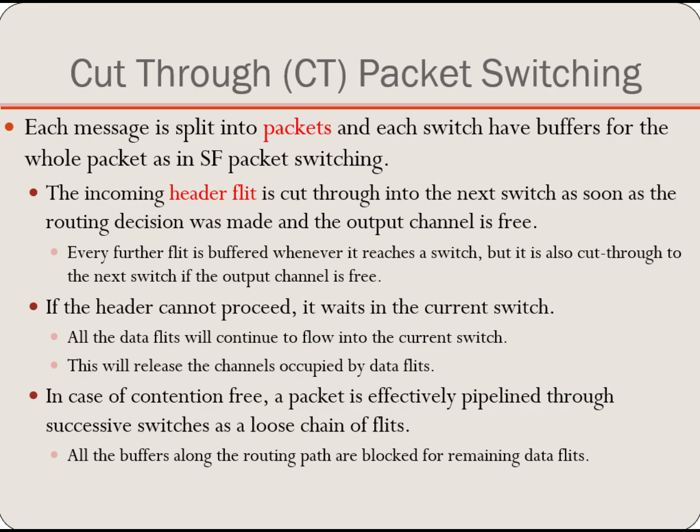As long as the header flit is in the buffer, the decision can be made. Cut-through means you try to make the decision as early as possible. When the header is already in the input buffer, the decision can be taken and you immediately decide which output link should be used.